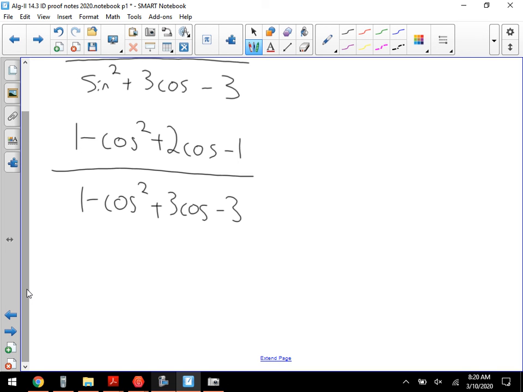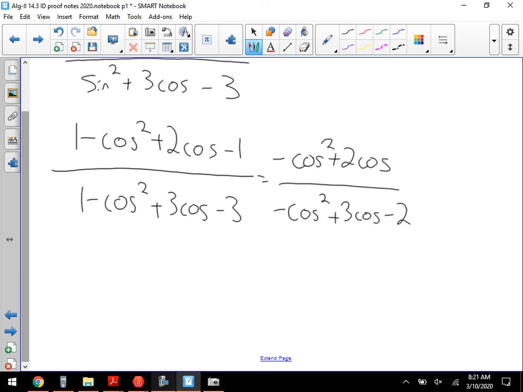In the numerator, I wind up with just negative cosine squared plus 2 cosine, because the 1's drop out. Denominator, I have negative cosine squared plus 3 cosine minus 2, just by moving stuff around. So far, so good?